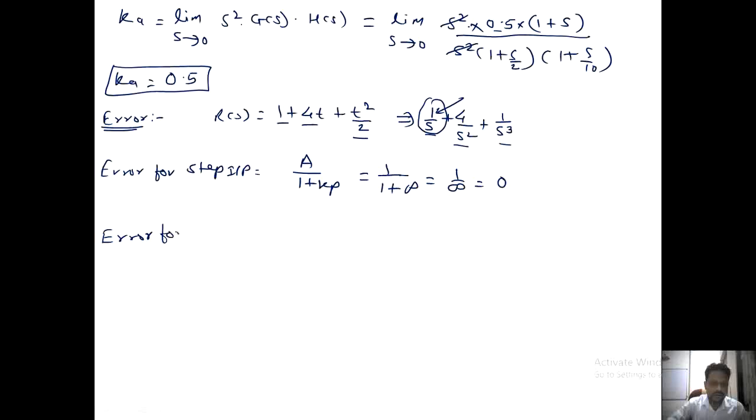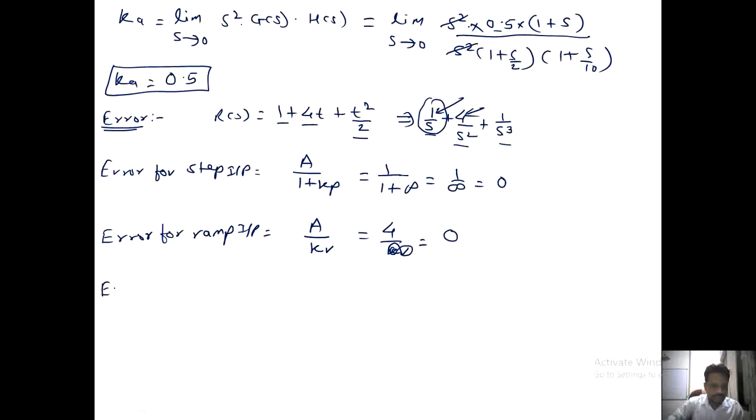So the error for ramp type, the equation is A by Kv. You need to learn all these equations for step, ramp, and parabolic. So A by Kv, where A is the magnitude of the ramp type, and here the magnitude is given as 4. So 4 by Kv, and Kv is infinity. So 4 by infinity is again 0.